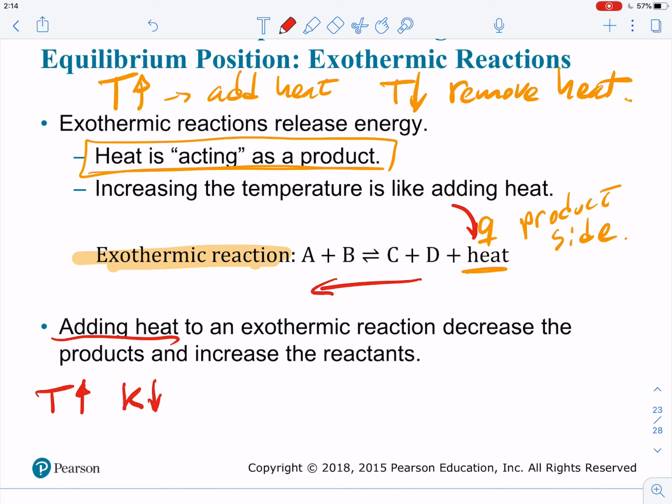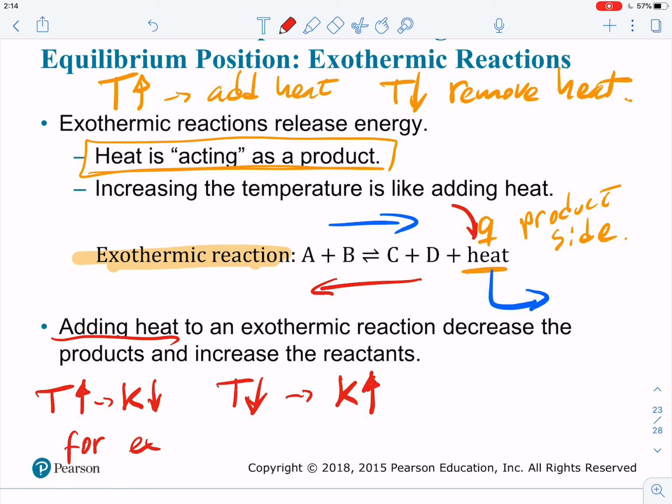If you remove heat, then the reaction shifts that way. Therefore, decreasing the temperature will cause K to increase. Okay, this is for exothermic reactions.